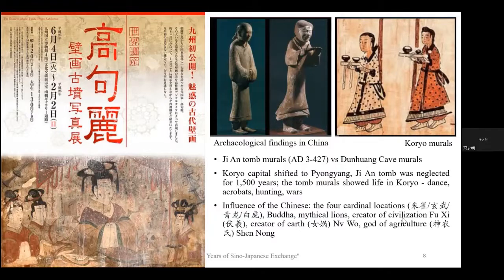They included the 4 cardinal guardians like Xuanwu, Qinglong, Baihu, as well as Buddha, the creator of civilization Fuxi, as well as Nuwa, and so on. So even the gods that started from China were also worshipped in Korea. This showed that Koryo and the Chinese Yanhuang culture effectively shared the same source.